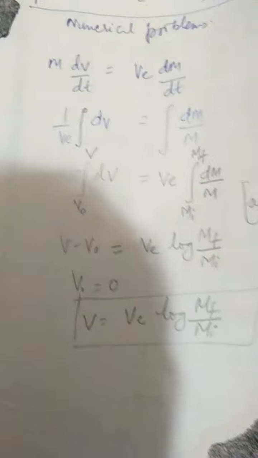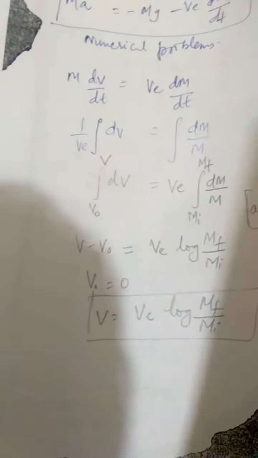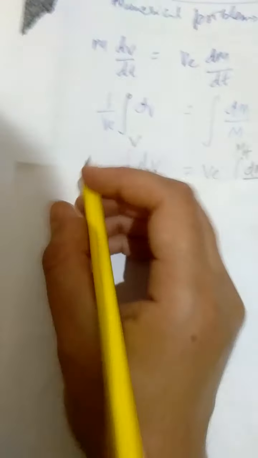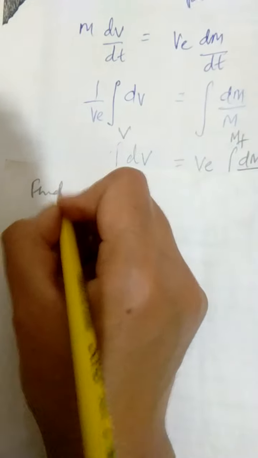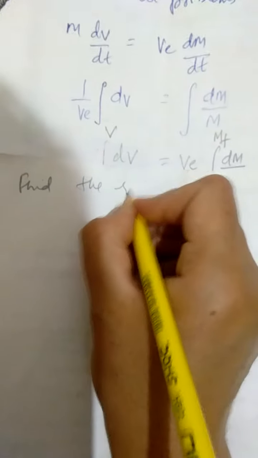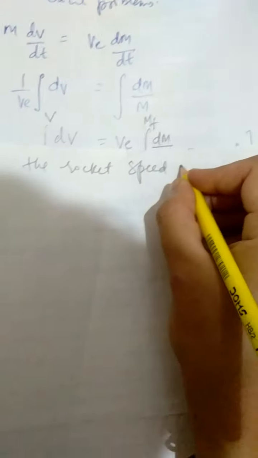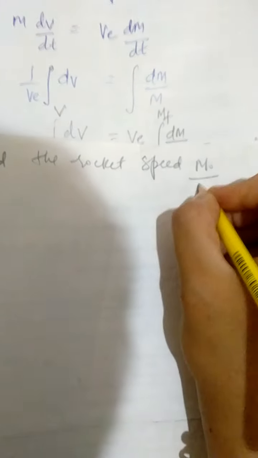Now I can ask you to use these equations to solve certain numerical problems. For example, I may ask you to find the rocket speed when the ratio m naught by m is equal to e square.